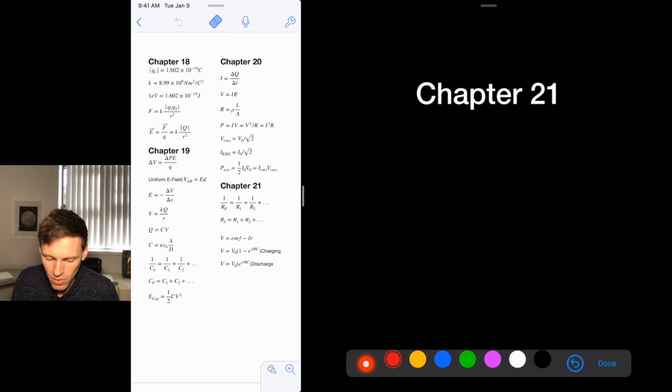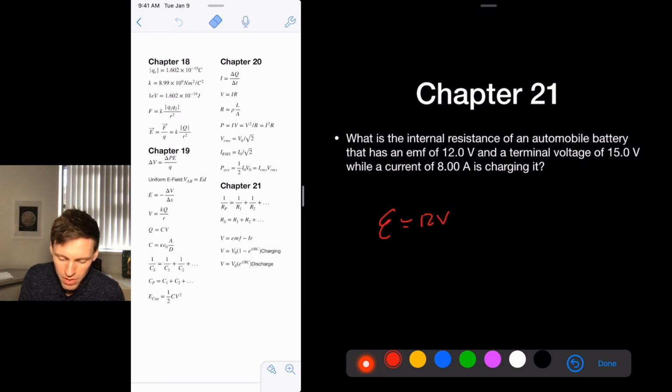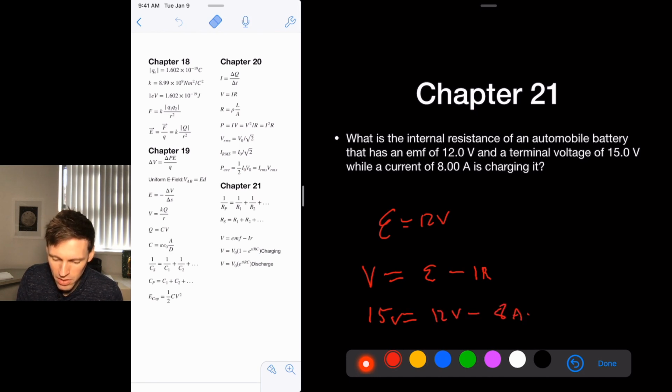What is the internal resistance of an automobile battery that has an EMF of 12 volts and a terminal voltage of 15 volts? The terminal voltage is the EMF minus the voltage drop across the internal resistance. So we have 15 volts equals 12 volts minus 8 amps times the internal resistance R.